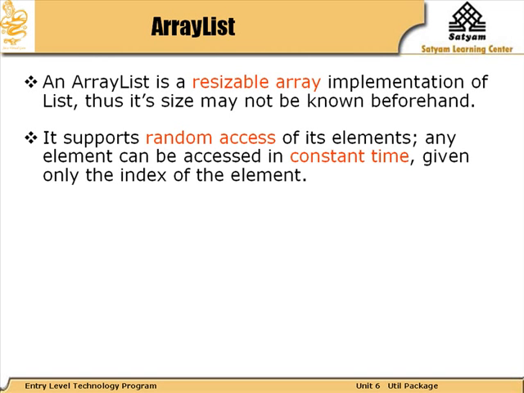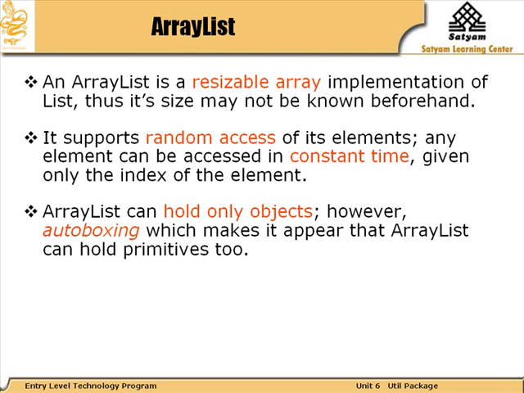ArrayList supports random access of its elements. Any element can be accessed in constant time, given only the index of the element. ArrayList can hold only objects. However, autoboxing is a technique used to make you feel that ArrayList also holds primitive types such as int, long, double, boolean, float, and so on.